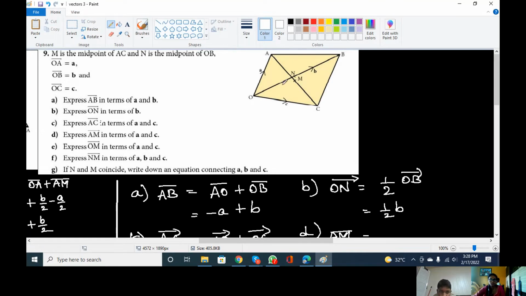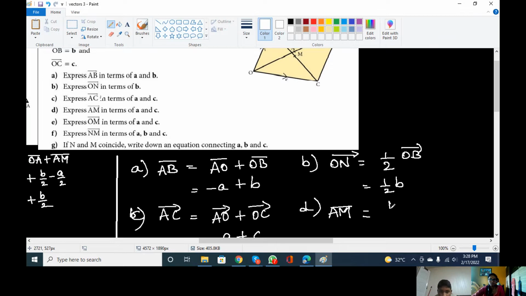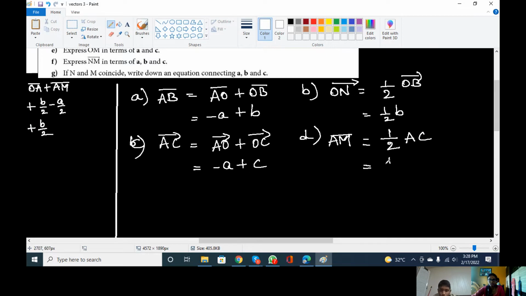Yeah. So then what will be AM? Wait, M is the midpoint, right? M is the midpoint of AC. So half of AC. So half of C minus A.